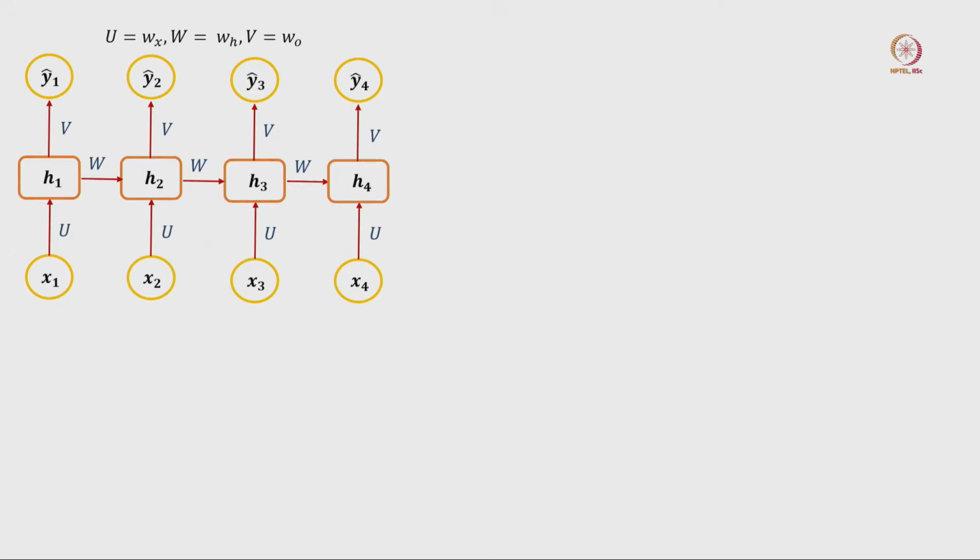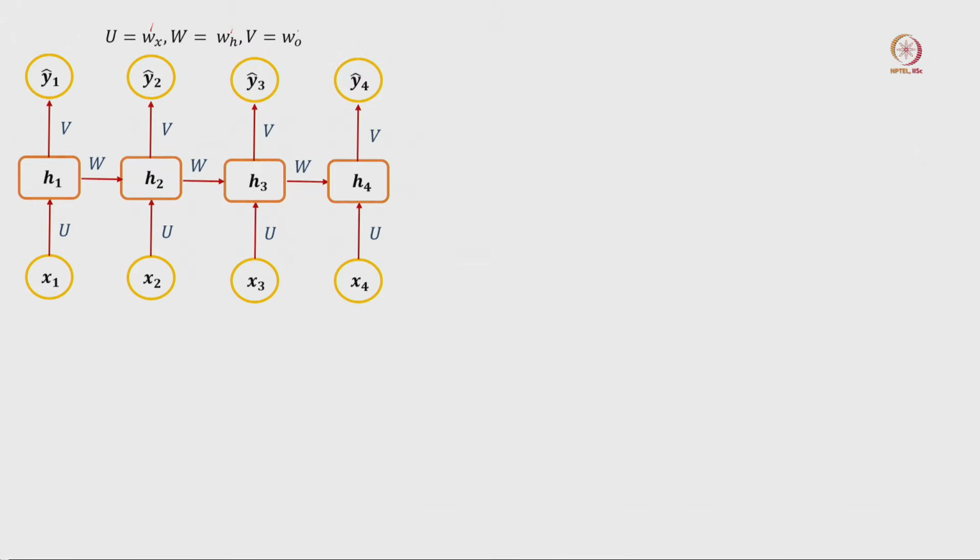We will first understand. In our previous session, we had solved the problem, and when we had solved the problem, we had taken the weights such as Wx, Wh and Wo.